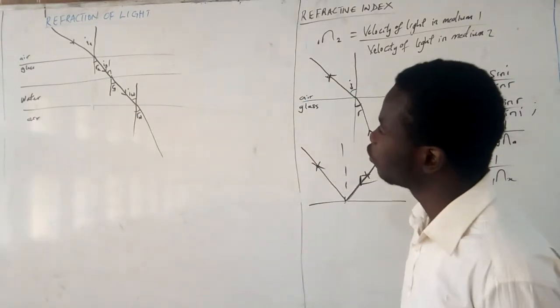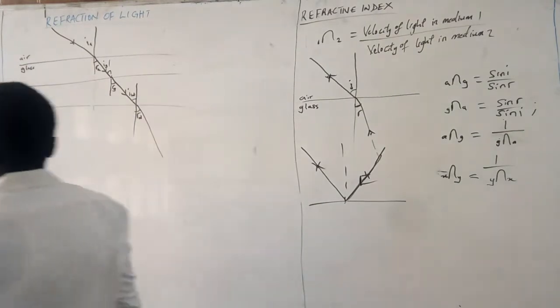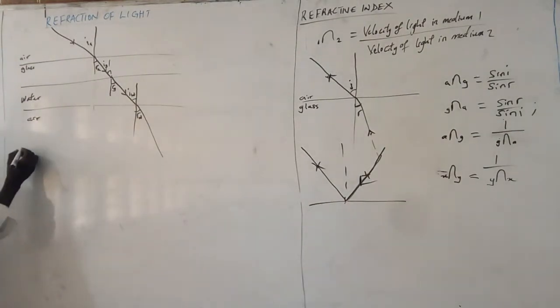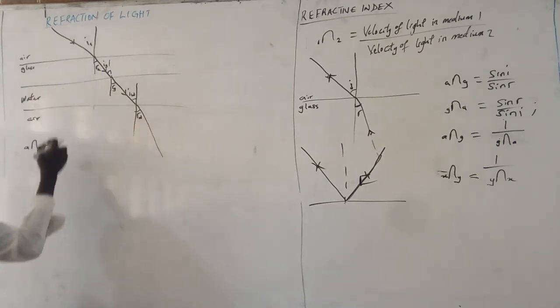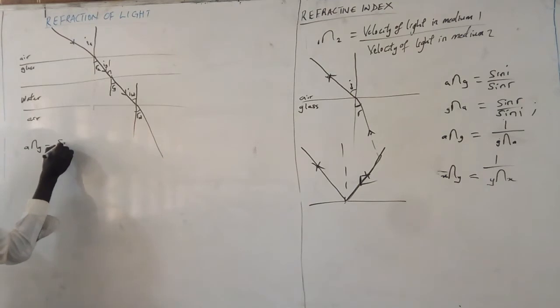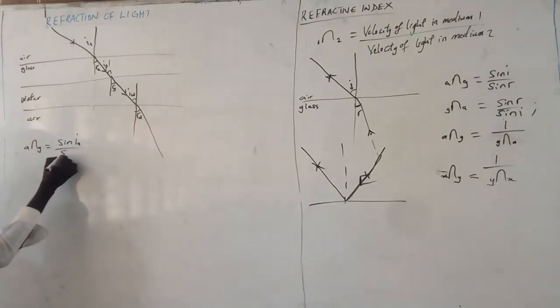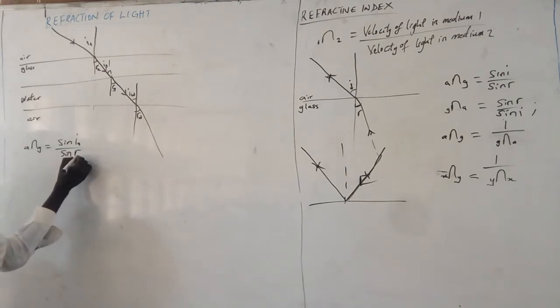So from here now, I can take the refractive index from air to glass. Refractive index from air to glass is equal to, according to Snell's Law, sine IA all over sine RA.